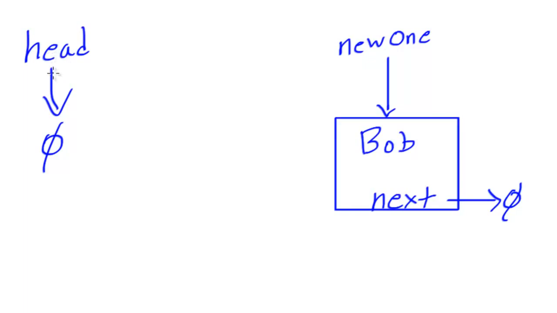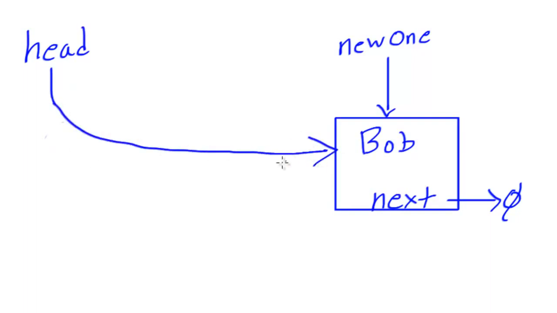So head's a pointer that points to contact nodes. New one's a pointer of type contact, or contact node pointer. That's simply holding the address here of this Bob node. So we'll just update that to indicate that this thing here, this address, has now been assigned to head. So we'll just erase this business here, and now we'll update this so that head is now pointing here to the new one.